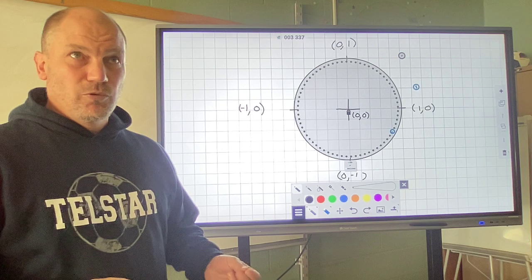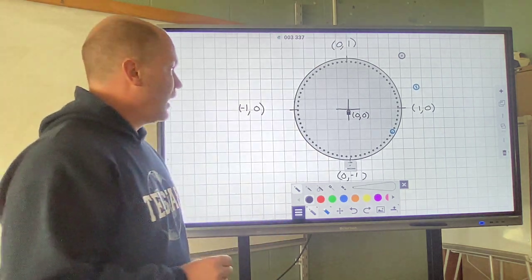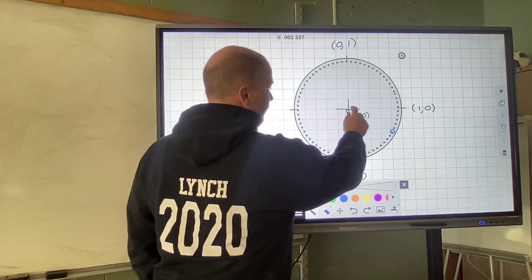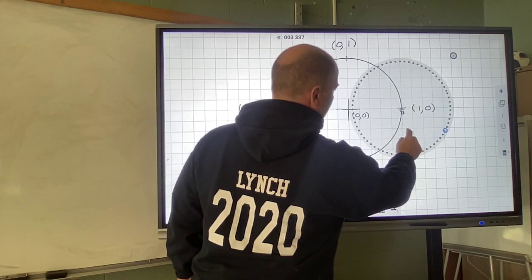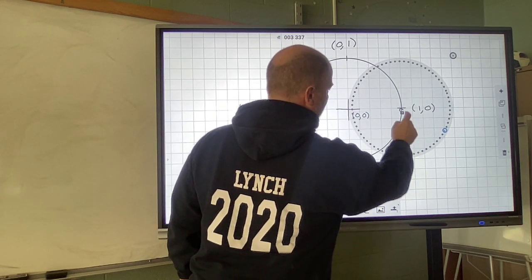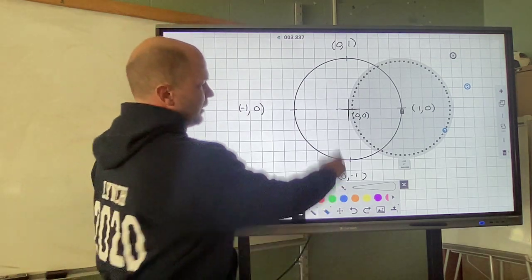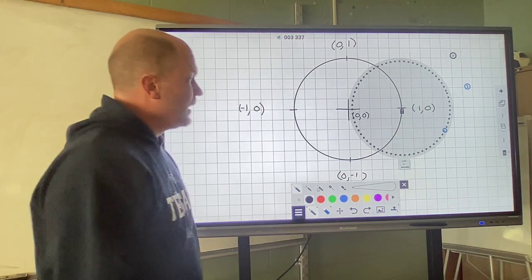We are going to draw an equilateral triangle, and some of you might remember how to do that from geometry last year. So I'm going to take this circle and I am going to center it on this point over here. And you can see that now the outer edge is in the middle and the point centered on that point.